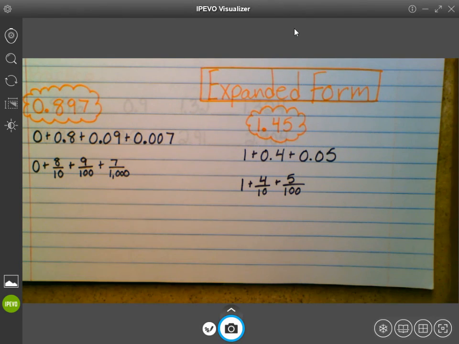Show me on a scale of 1 through 5 how you feel about writing decimals in standard, word, and expanded form. How are we feeling? Okay. Hands down. Lift up your head.